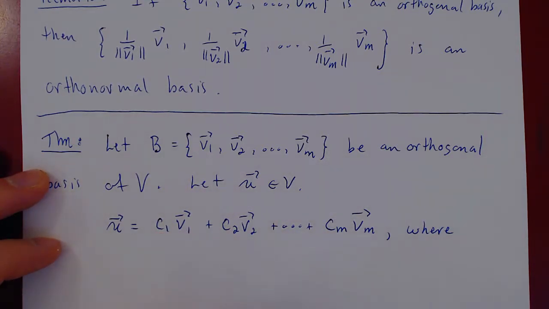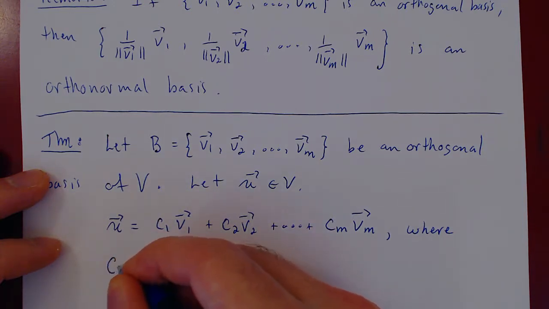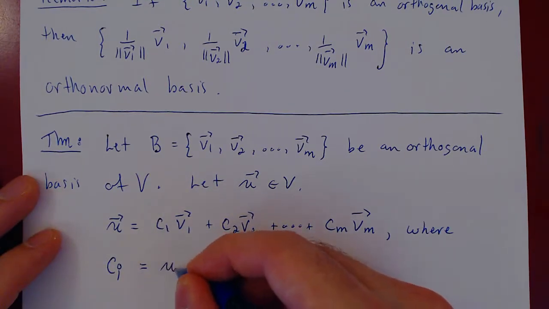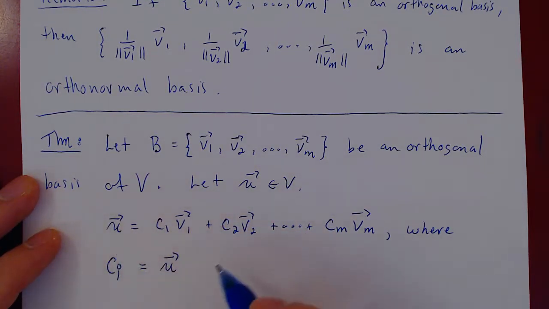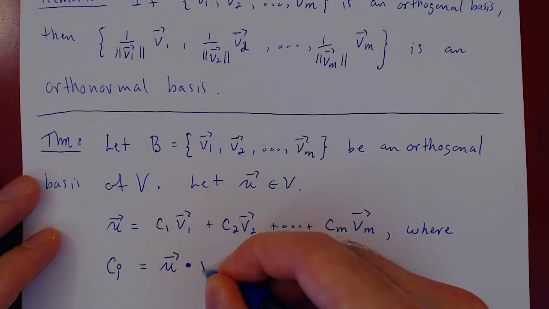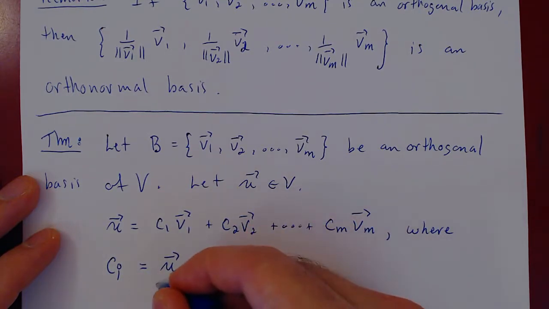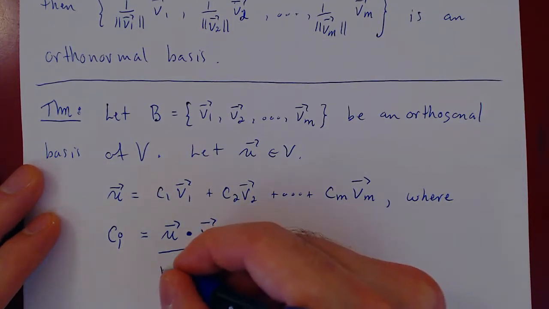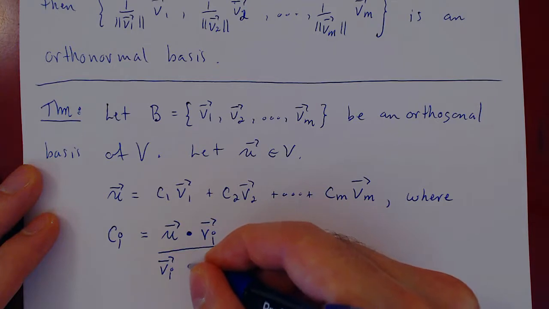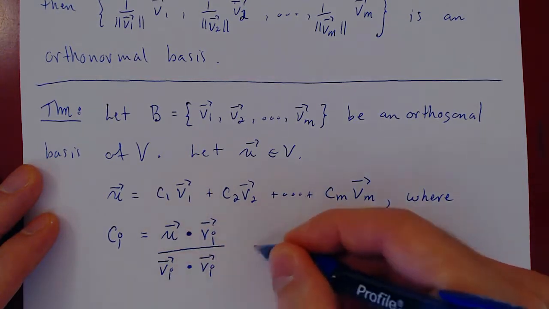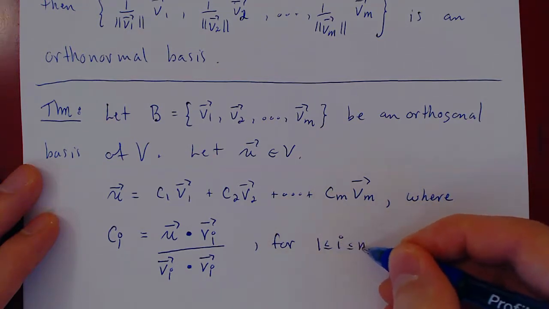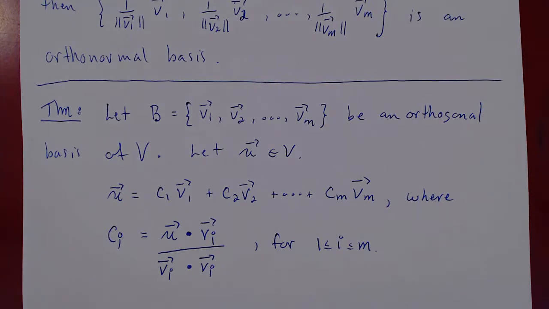The ith coefficient, ci, for any i will simply be the dot product between u and the ith vector, vi, divided by vi dotted with itself. And this is true for i being equal to 1, 2, 3, all the way up to m. And that's it. That's the result.